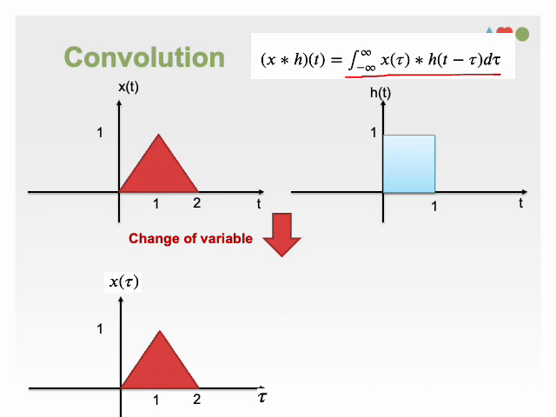As mentioned in the previous slide, we will be integrating with respect to the variable tau. While the change of variable for the time series x does not affect the calculation, we need to manipulate the kernel function h to account for its independent variable being t minus tau.